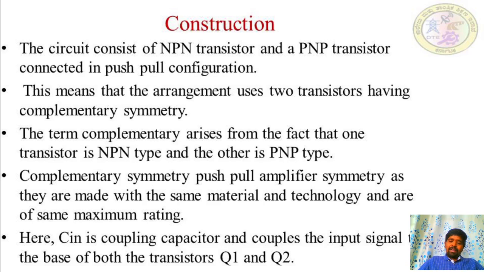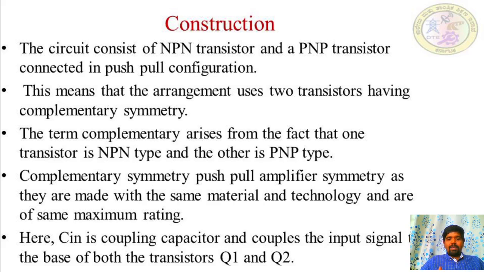Complementary symmetry transistors, as I already mentioned, should be made with a similar material and technology with the same maximum rating also. That is an important factor here. Next, Cin is nothing but a coupling capacitor that couples the input to the base of both transistors Q1 and Q2. What is the benefit of Cin?